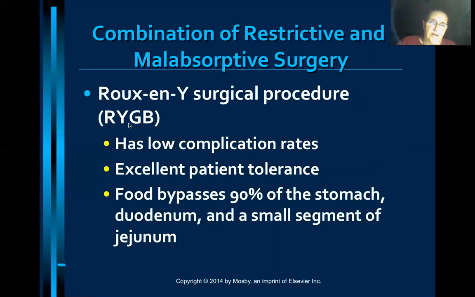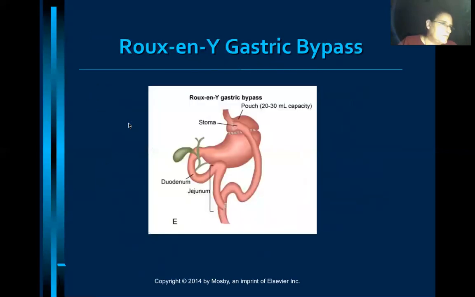The Roux-en-Y surgical procedure has low complication rates. It's excellent patient tolerance. Food bypasses 90% of the stomach, the duodenum, and a small segment of the jejunum. And that's what that one looks like. You can see where they've rerouted.